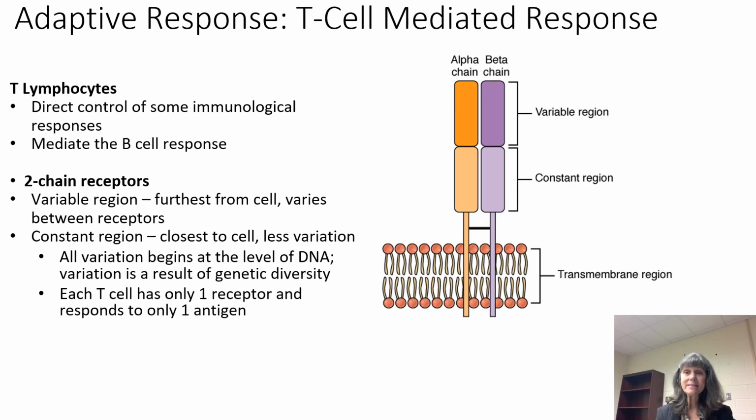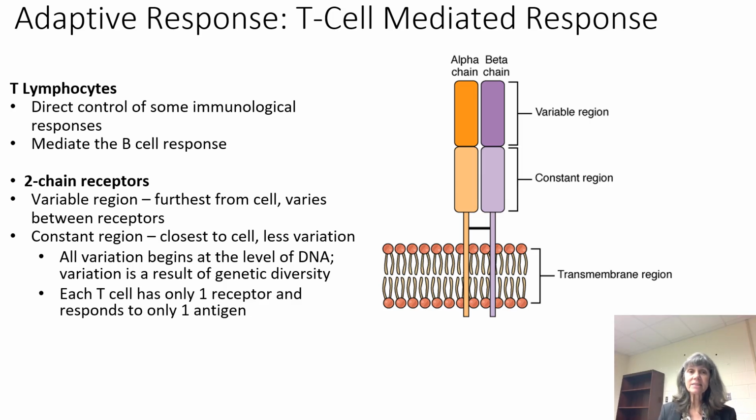Because T cells and B cells are the major players in the adaptive immune response, we're going to look at T cells first and understand that both cell types are produced in bone marrow. And the T lymphocytes have to migrate from the bone marrow to the thymus, where they will become mature.